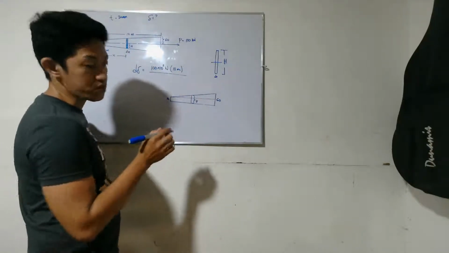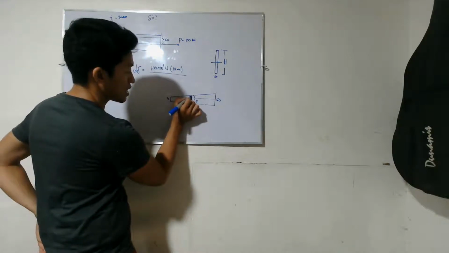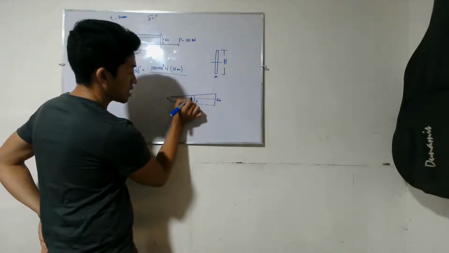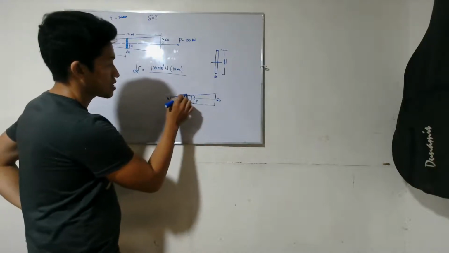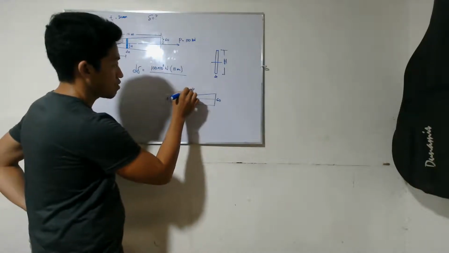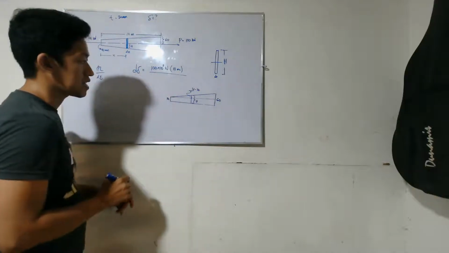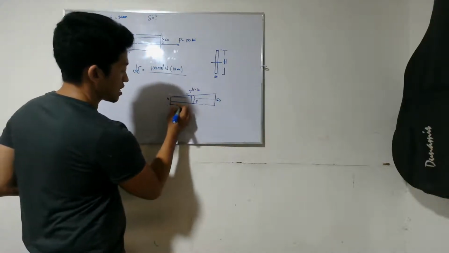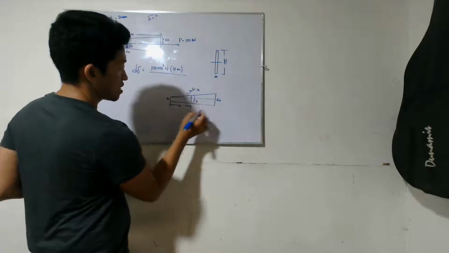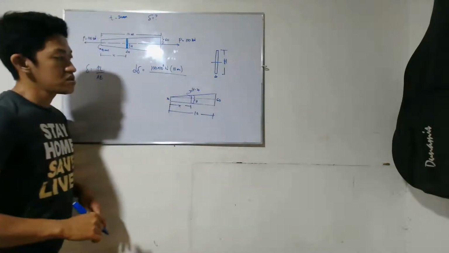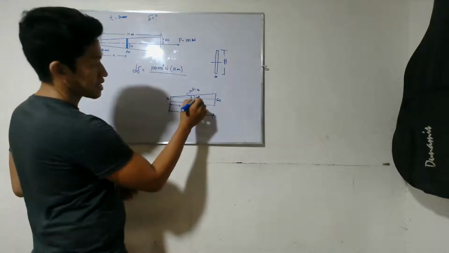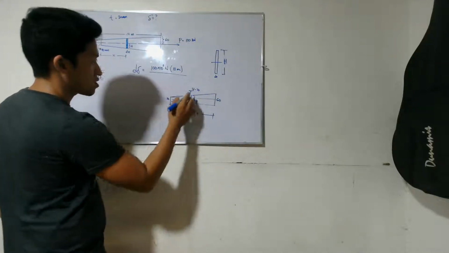By ratio and proportion, this length from here to there is y minus 20, and its length is x. The overall length is 10. So we can get y by similar triangles or ratio and proportion.